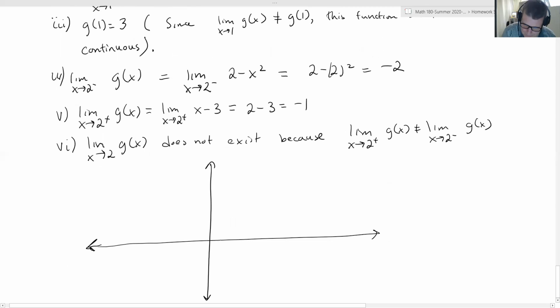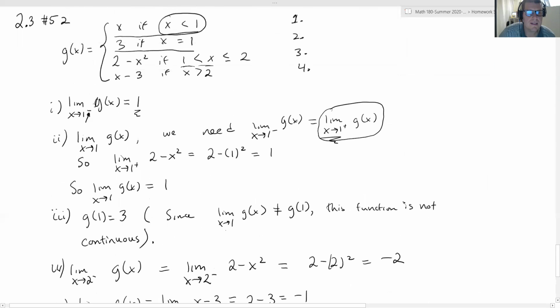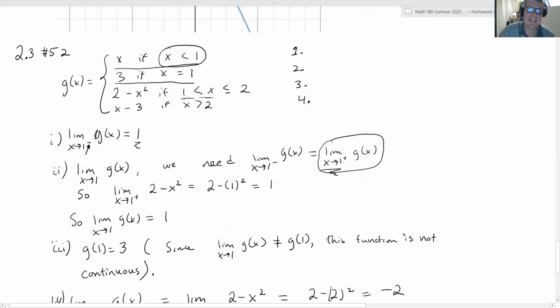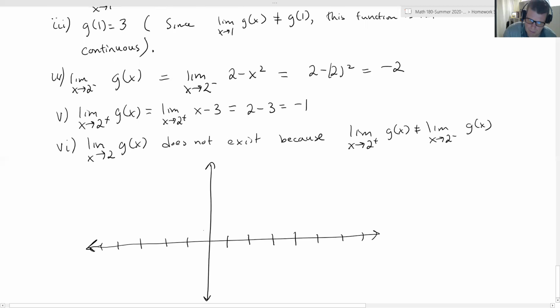Number 7. At 1, let me think about what's happening. At x equals 1, g of x is equal to 3. So I'm doing 1, 2, 3. So there it is. But I know that the right-hand limit and the left-hand limit are both going to end up at 1. So I've got a hole right there at 1.